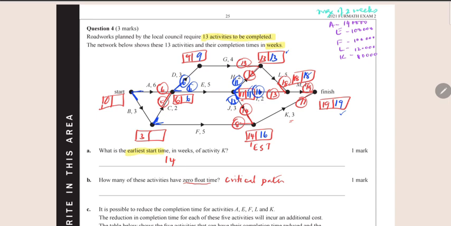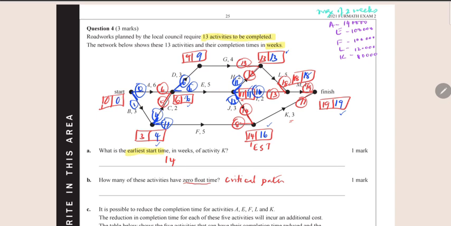Now coming back through F, 16 take away 5 is 11, and coming along C, 6 take away 2 is 4. The smaller value is 4. And then along B, 4 take away 3 is 1. Coming along A, 6 take away 6 is 0. The smallest value is 0.